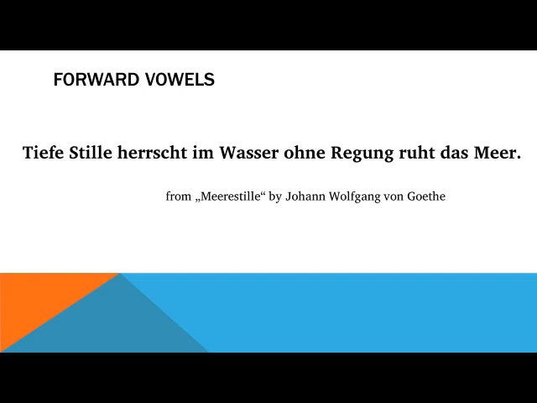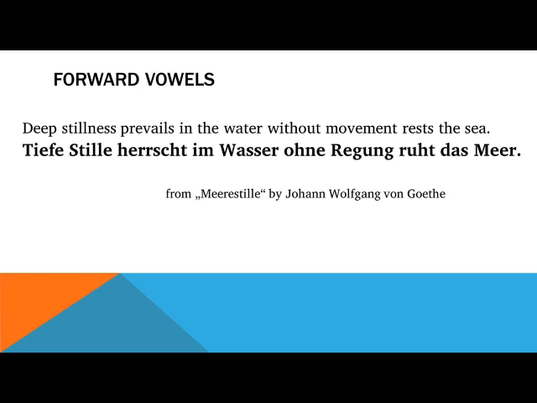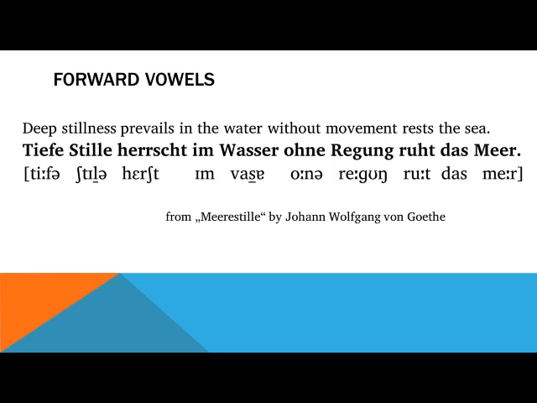So here we have a text from Meeresstille by Johann Wolfgang von Goethe. Now just take a moment to look at this translation and get a feeling for this line. And now I'll read it once. Tiefe Stille herrscht im Wasser, ohne Regung ruht das Meer.